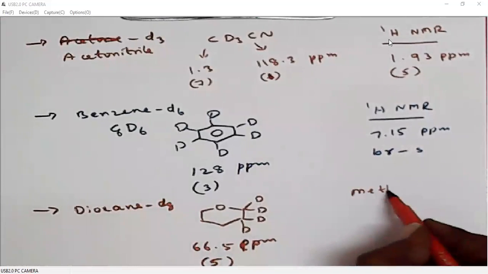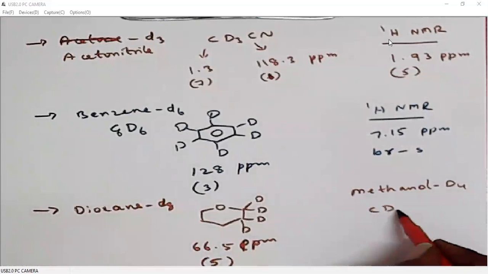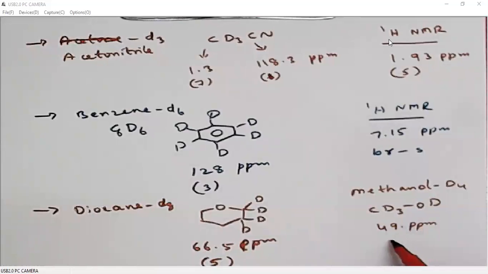Methanol D4, where CD3OD, we get a carbon 13 NMR signal of 49 ppm and a multiplet of 7 peaks.